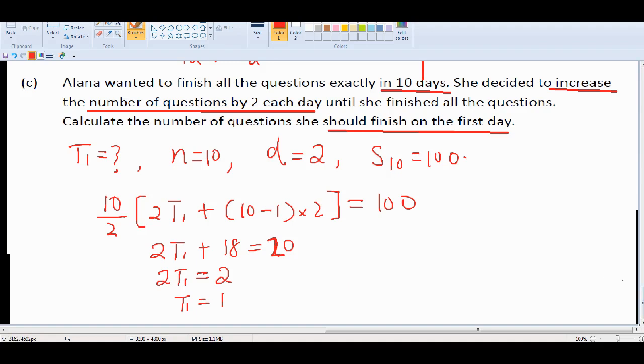So for Lena's case, she's going to finish all the questions within 10 days, exactly in 10 days.